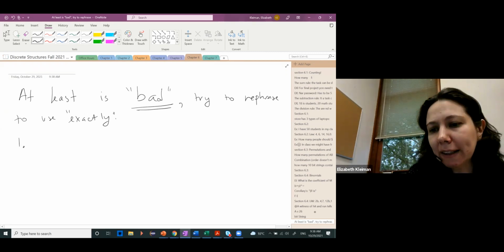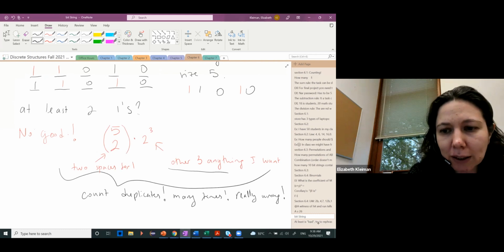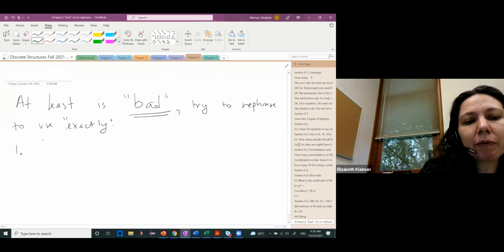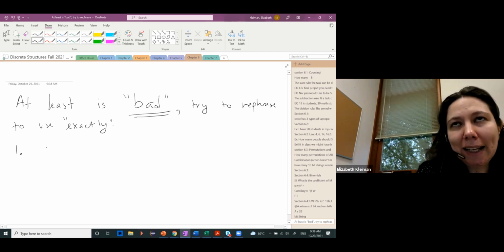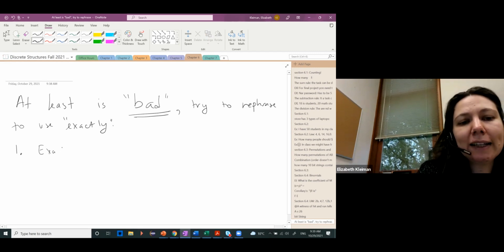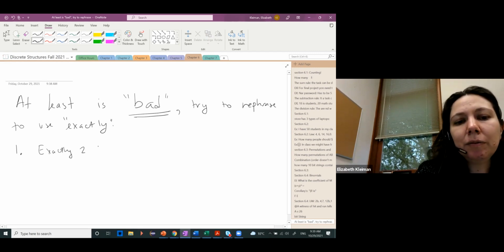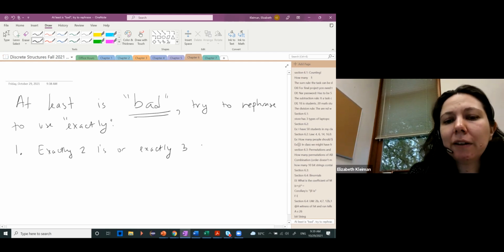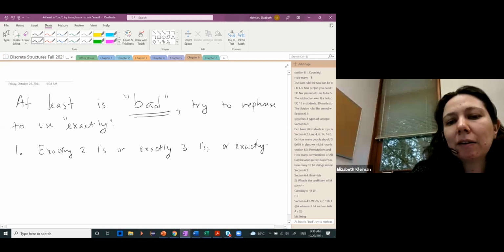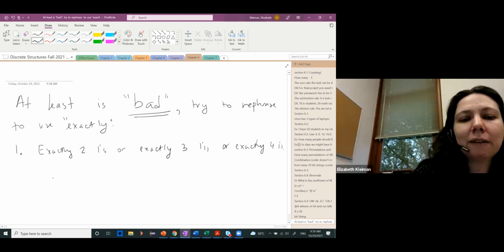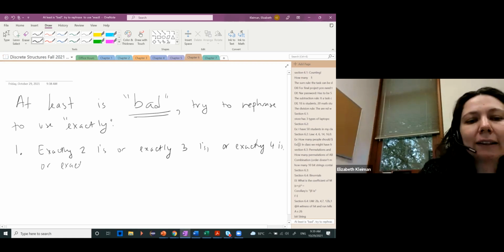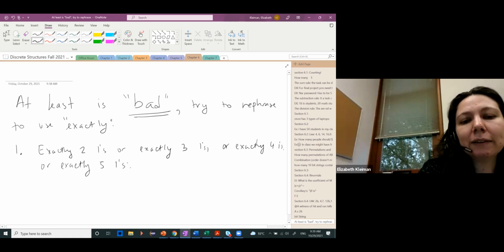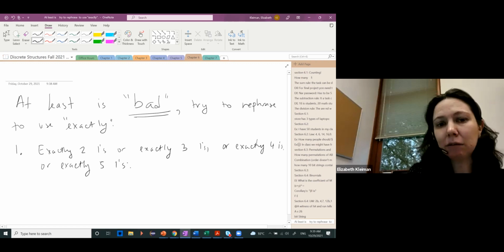In order to have at least 2 ones is the same as saying exactly 2 ones, or exactly 3 ones, or exactly 4 ones, or exactly 5 ones. This one is good, but kind of long.